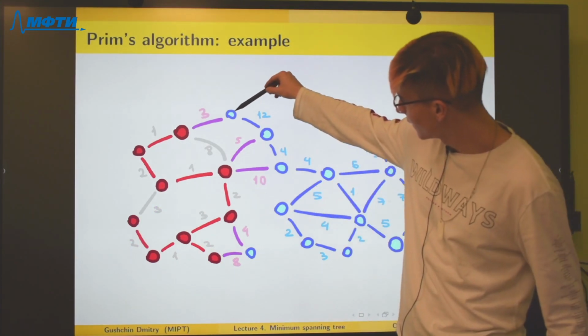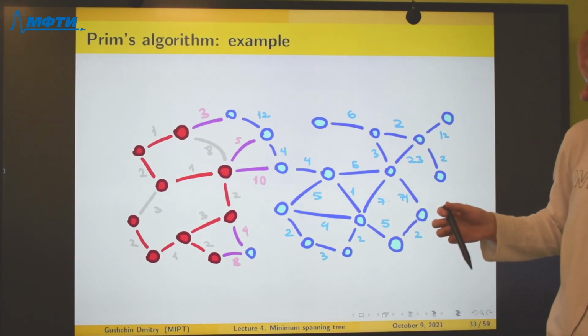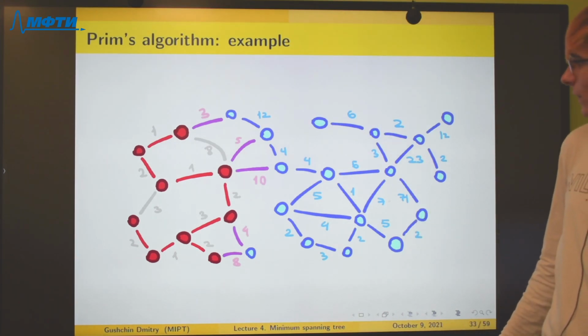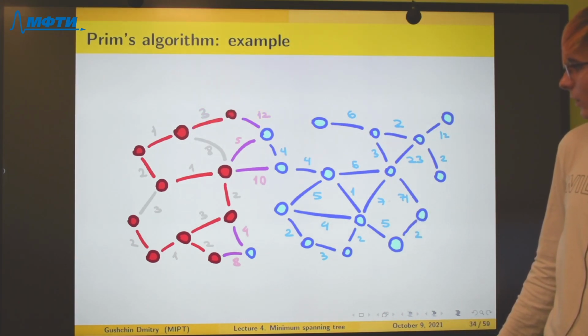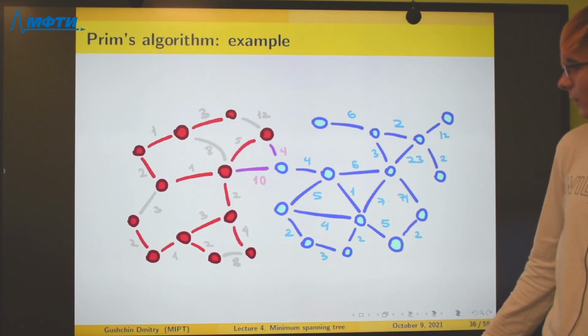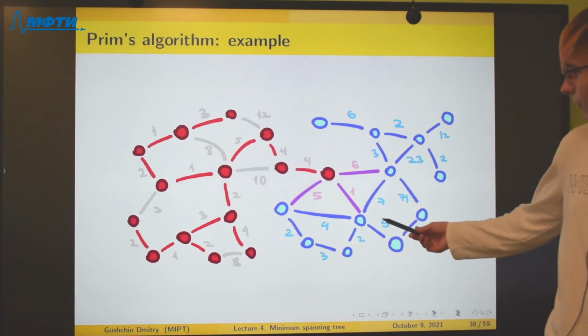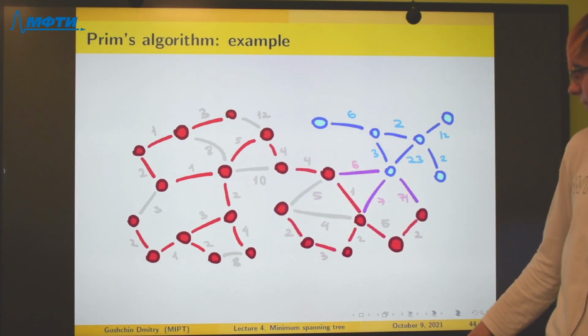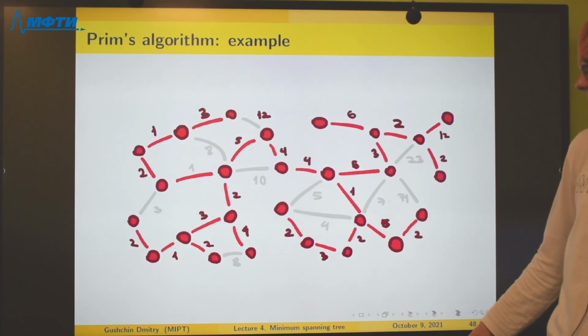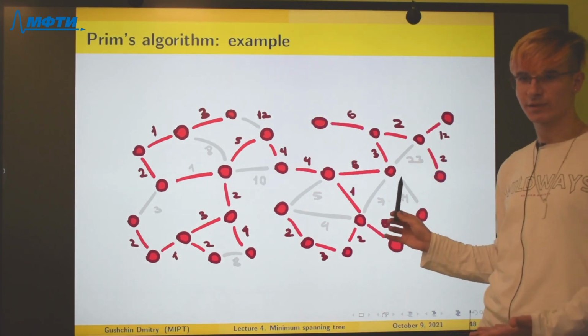Then we have this point, equal to 4. And repeat it. Yeah. And we get a minimum spanning tree.